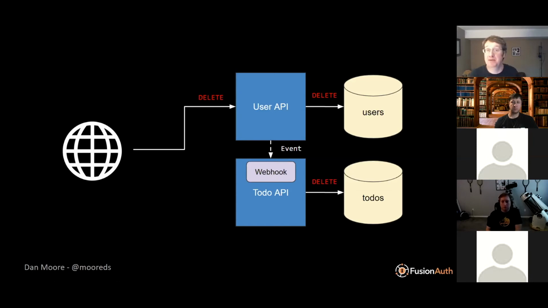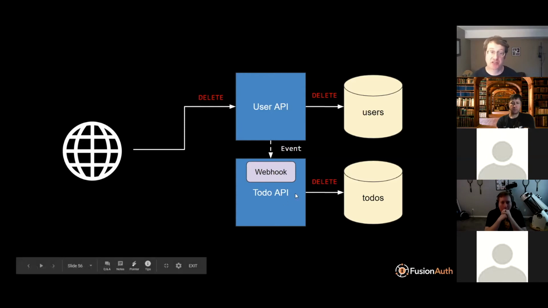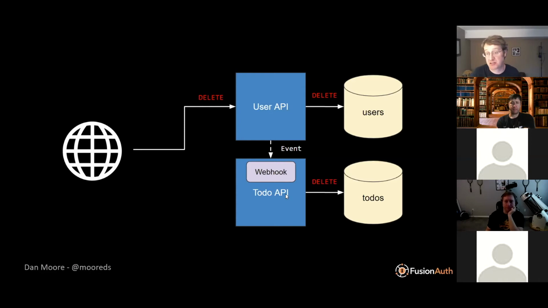One of those might be that the user is deleted. When the user gets deleted, the user API fires that webhook with the sub ID, and that gets passed to the to-do API and, crucially, any other APIs that have registered with this data store, and then they can do the delete. So you're taking the burden off the client and putting it onto the servers, basically the services.